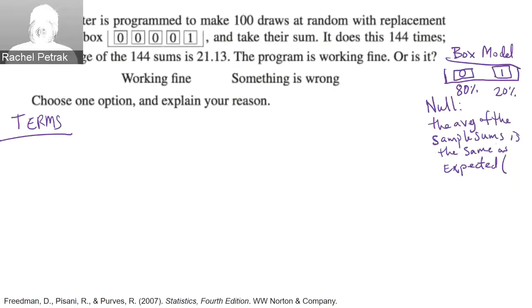Where our expected, well, we don't know our expected value yet. We'll find it though.